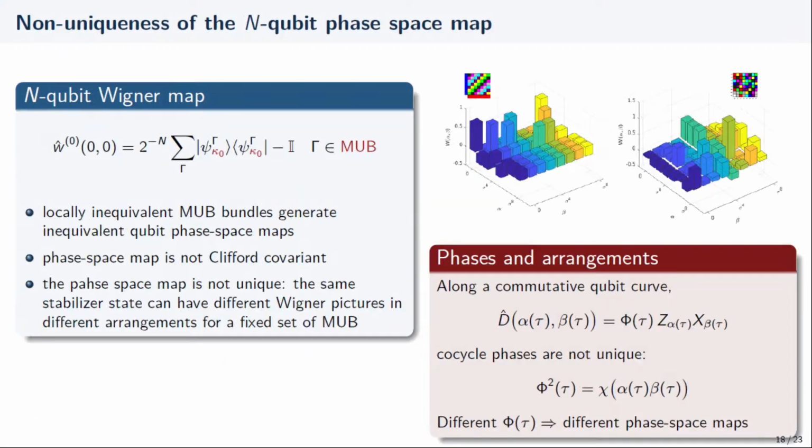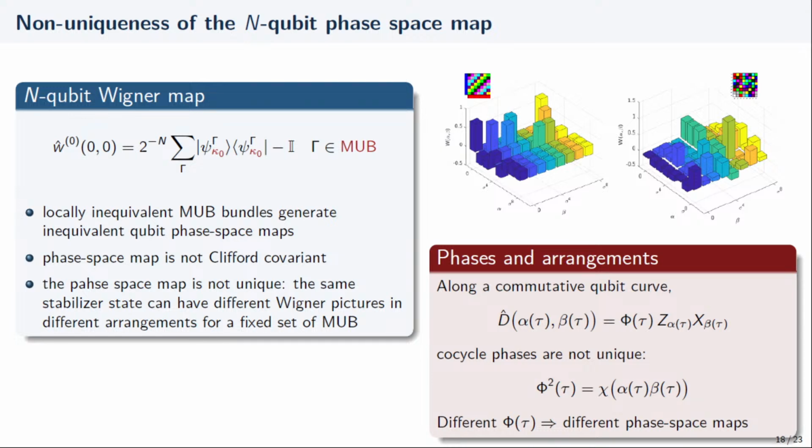In the qubit case, the situation is significantly more complicated. In the qubit case, we may have a stabilizer state, an eigenstate of a commuting set, and we plot it, and there are two difficulties.